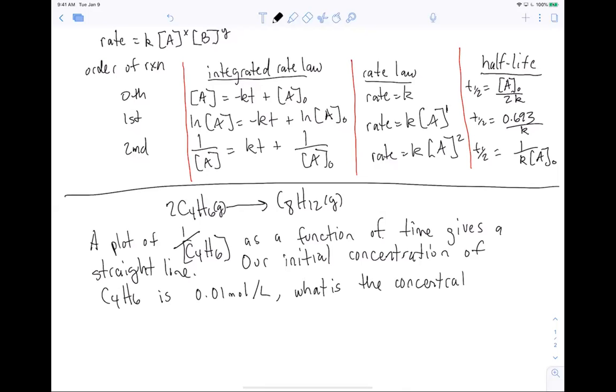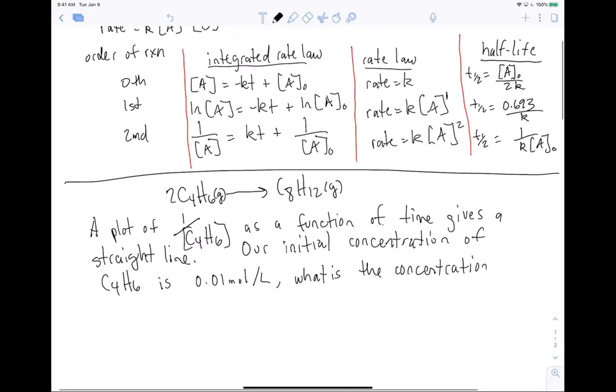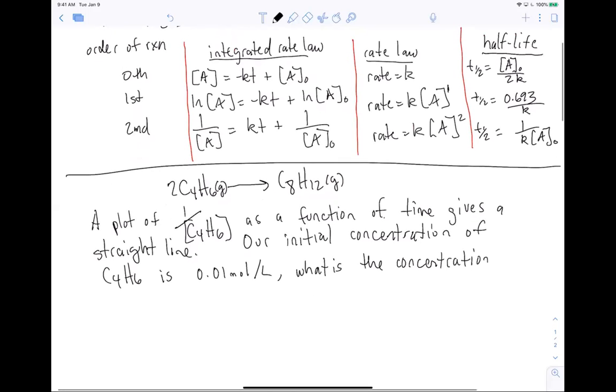What is the concentration at, I don't know, about 1800 seconds? So we've let the reaction progress for not super long, but some time, and we want to know what the concentration is at 1800 seconds.